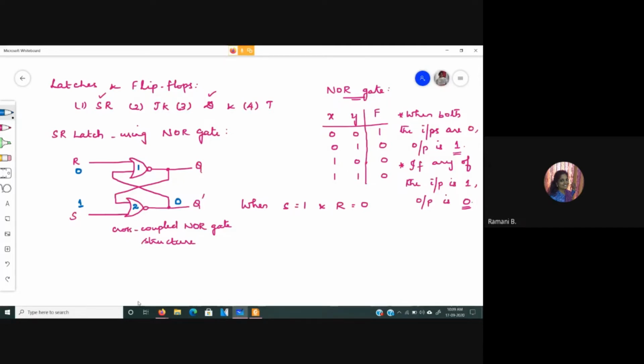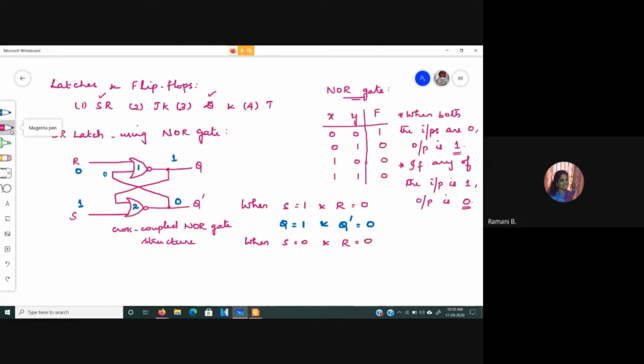This value is fed back over here, and for R you already have a 0, so the second input is also 0 now, and the Q value will become 1. So when S is equal to 1 and R is equal to 0, Q is equal to 1 and Q bar is equal to 0.